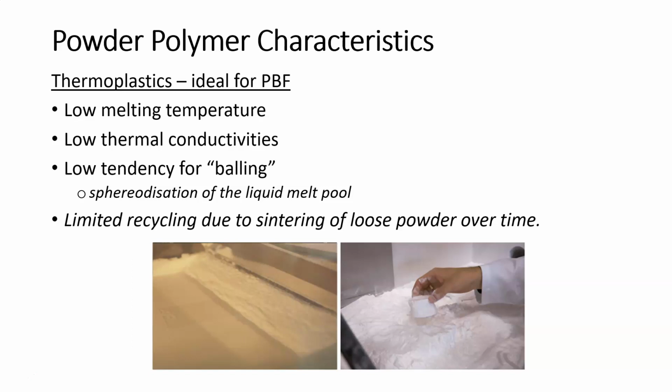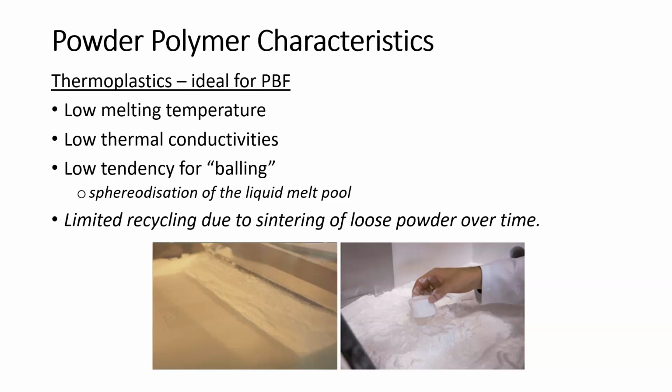So in other words, the powdered plastic has very good insulative capabilities, and so we don't have heat being transferred throughout the whole reservoir, which would be very bad. It has a low tendency for what's called balling, or this is a tough word to say, spheroidization of the liquid melt pool.